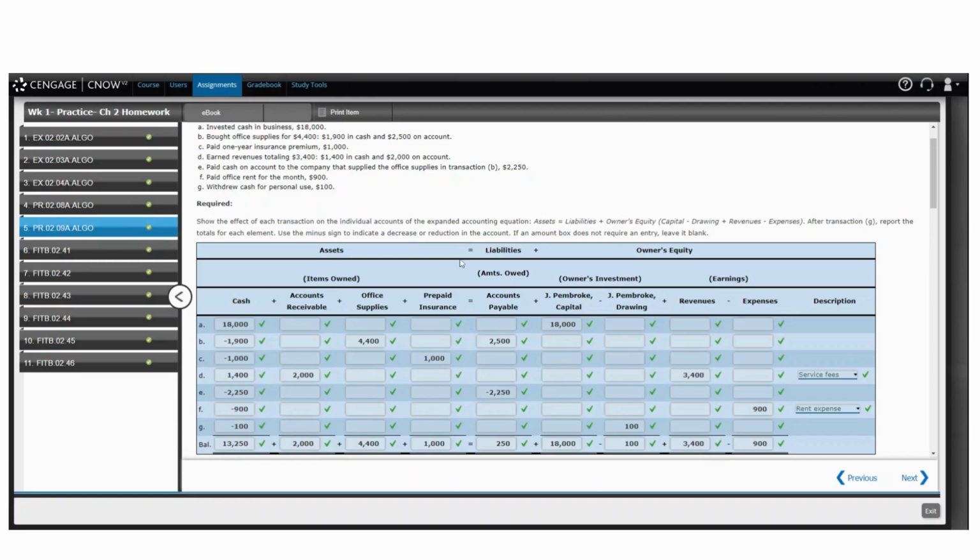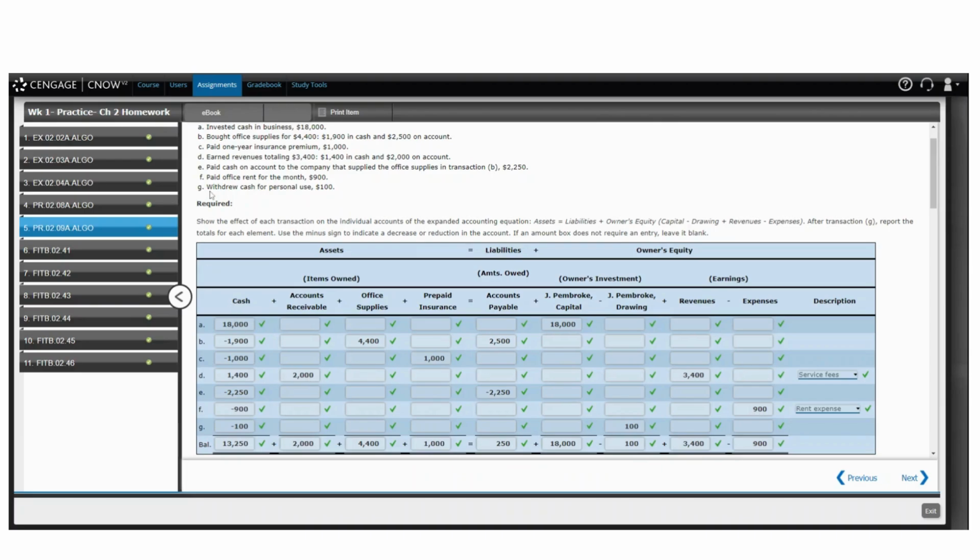So that amount goes down here in my revenue account. It increases by $3,400. My cash account increases by $1,400 because they paid him cash. So I see that right here. And the last account that's affected is my accounts receivable. It increases by $2,000 because they're going to pay him that money in the future.